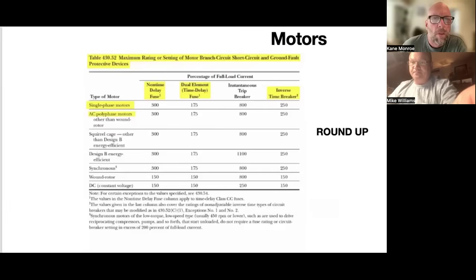All right. So on table 430.52, the big thing here is the round up. Just write yourself a little note, round up.